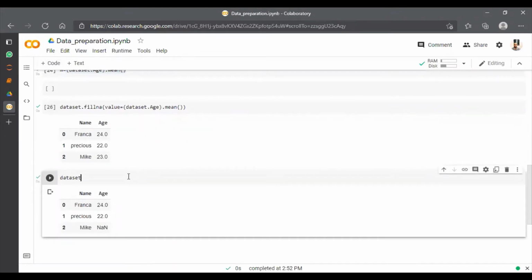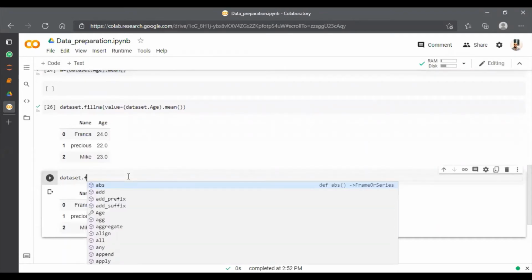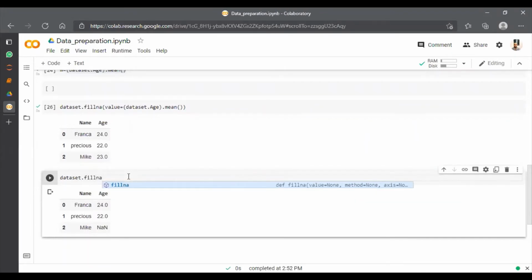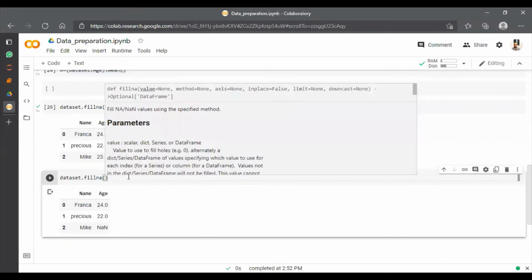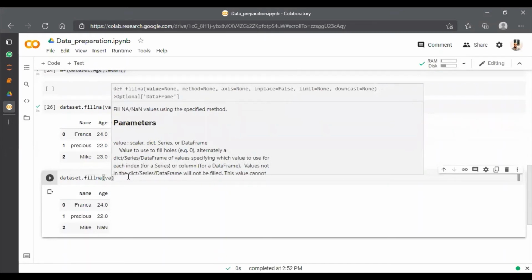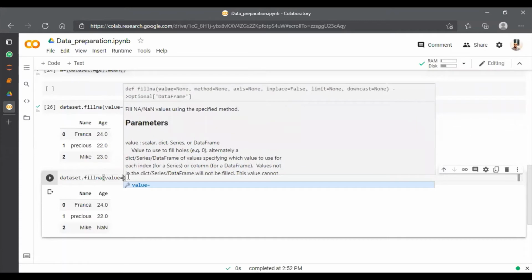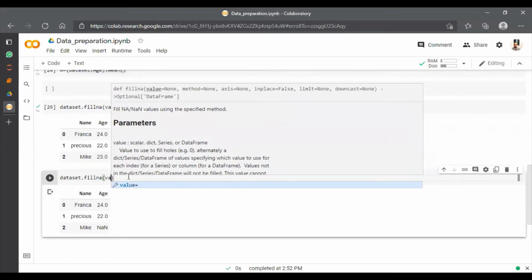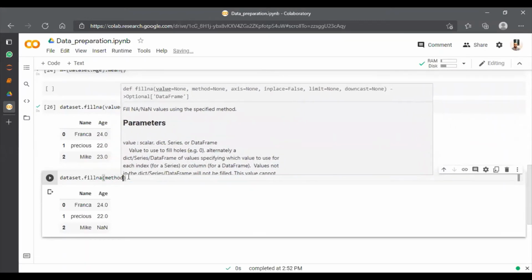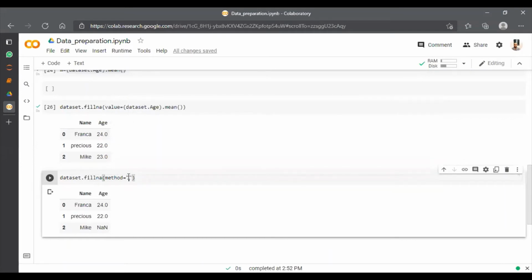So you can say dataset.fillna, to fill the missing value, with value equal to, okay, let's say method equal to bfill.